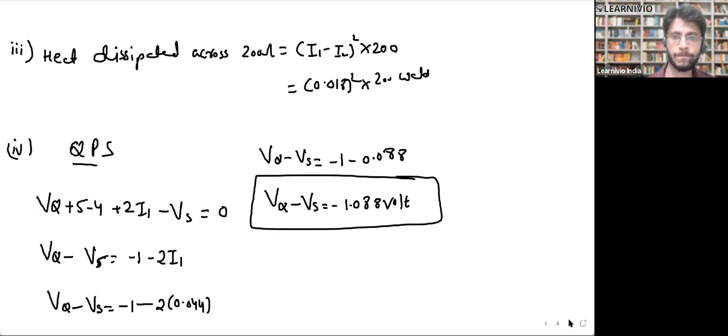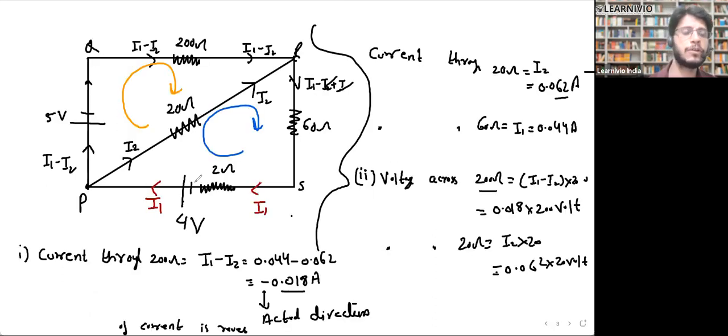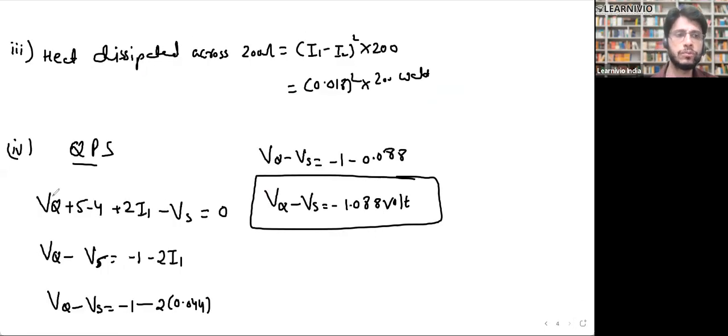Sir, can I again explain this QPS, the minus VS and VQ? Okay. See, I'm going from Q to S. And the question has given, I'm supposed to calculate potential difference between Q and S. Potential difference between Q and S means VQ minus VS. So I'll be starting from this point. The potential of this point is some VQ. I name it as VQ.